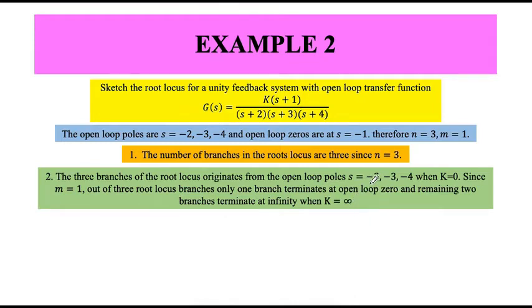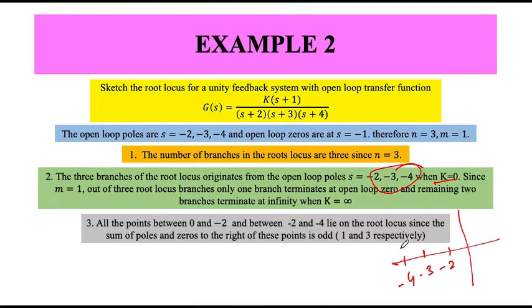Again starting at k equals to 0, they will start at the poles, and then they go to infinity. So let's first draw the basic condition. For k equals to 0, my root locus will be at the poles, which are -2, -3, -4. And rule number 3, which part of the real axis will be on the root locus. So let's start here.